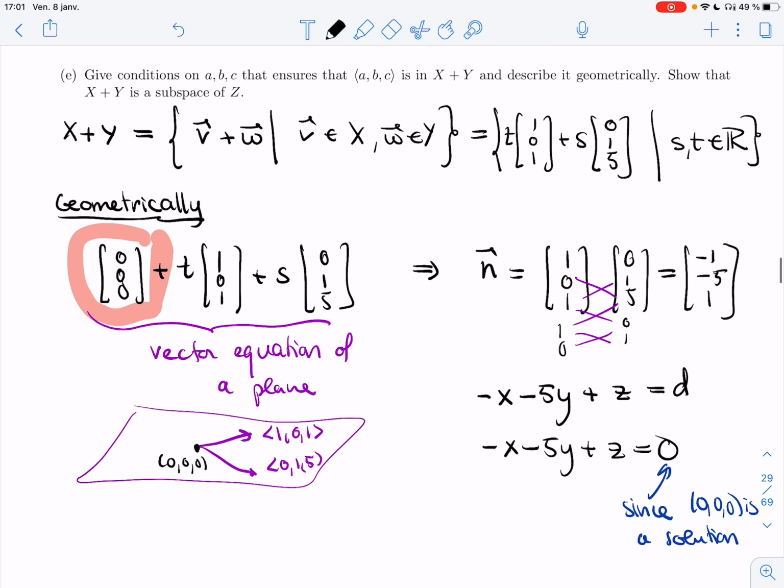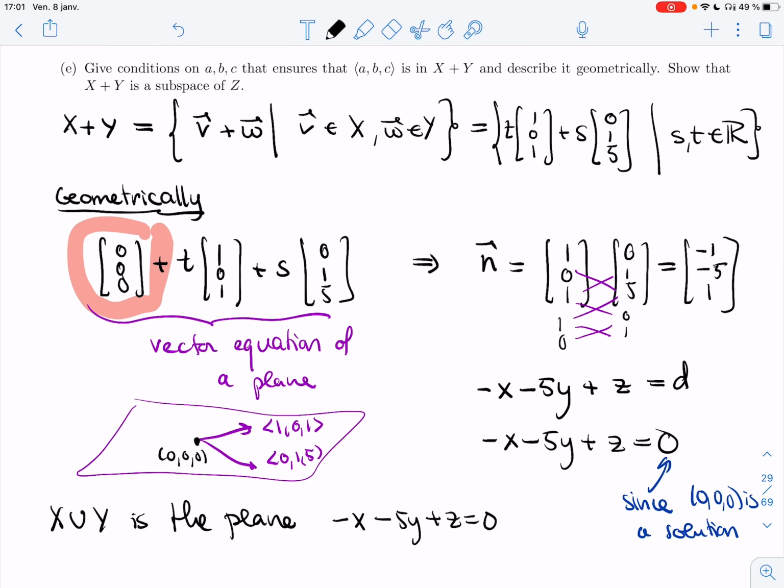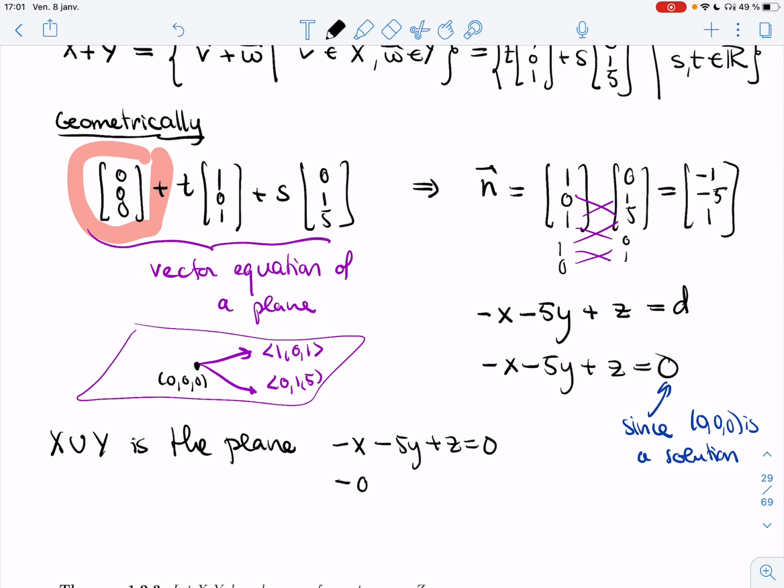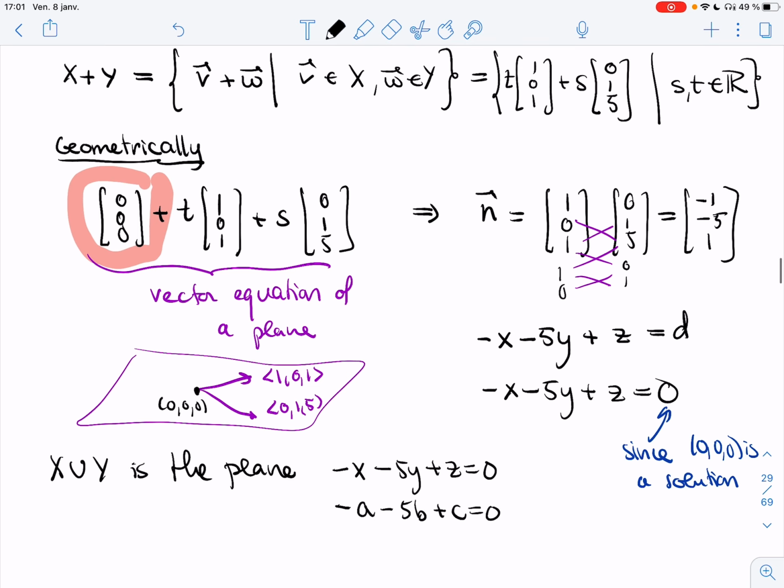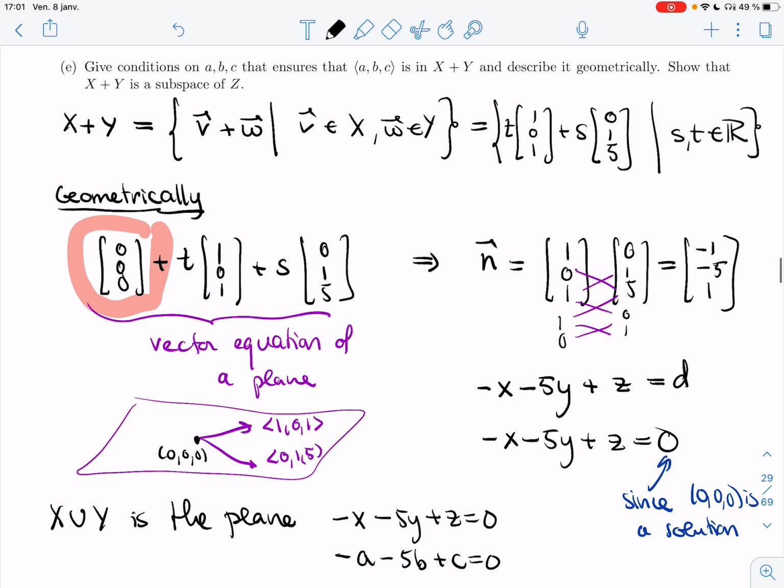All right, so X plus Y is a plane. Well, let's give the equation. It's the plane minus x minus 5y plus z equals 0. I asked for a, b, c because I was afraid that because we already had X, Y, and Z as sets, it would be confusing. So let's write it as minus a minus 5b plus c equals 0. There's a time where you have so many letters that you run out of fresh letters.